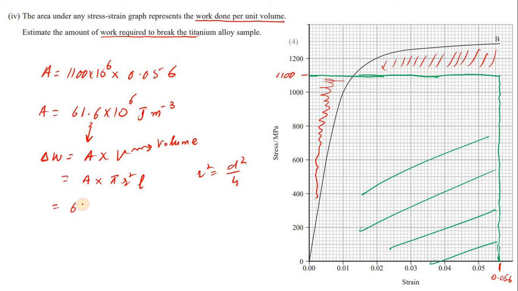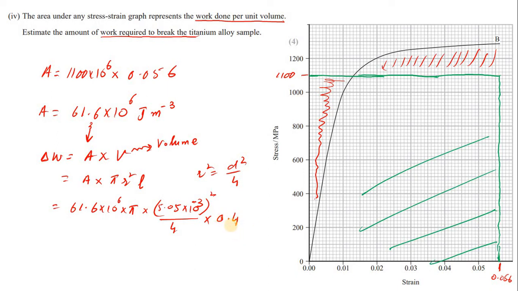So 61.6 into 10 to the power 6 into pi into d square by 4, and d is 5.05 into 10 to the power minus 3, whole square, divided by 4, into length, and length was given as 40 centimeter in the beginning, which is 0.4 meter.